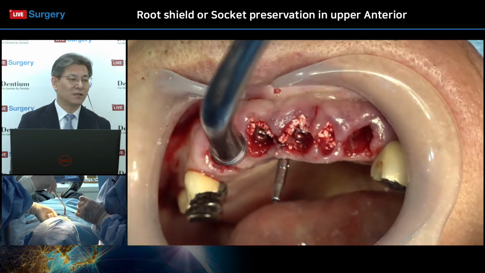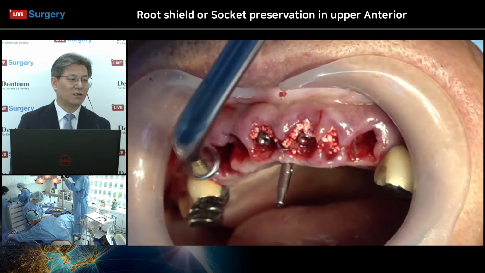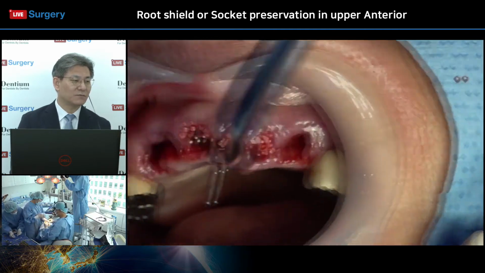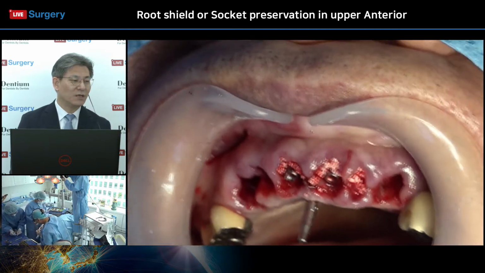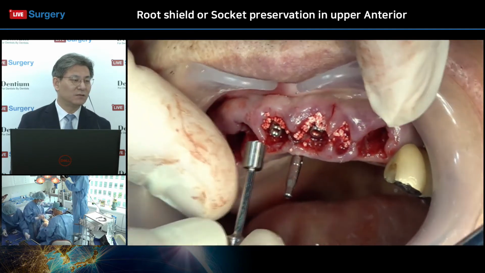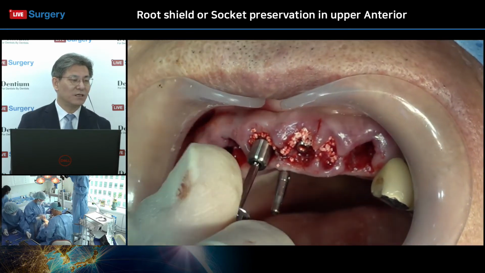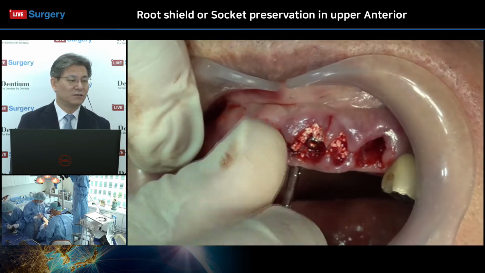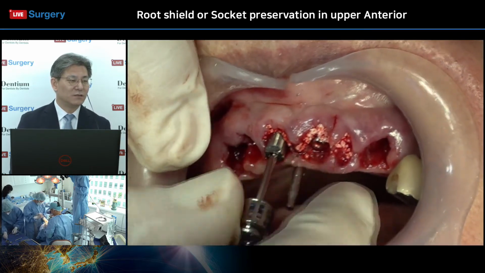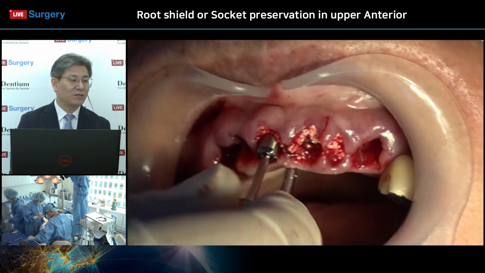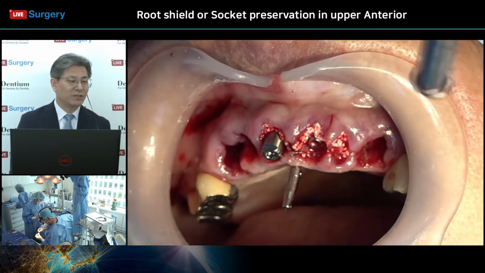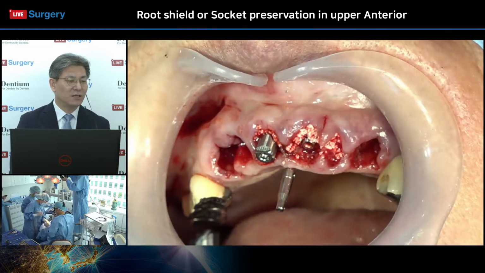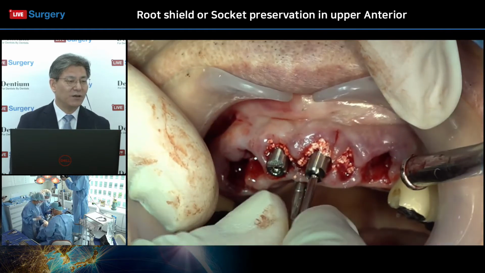And connect with the healing cap. 괜찮을 것 같아요. This one is a healing cap, a metal healing cap here. As I mentioned before, the direction and the implant insertion depth are a very important part.